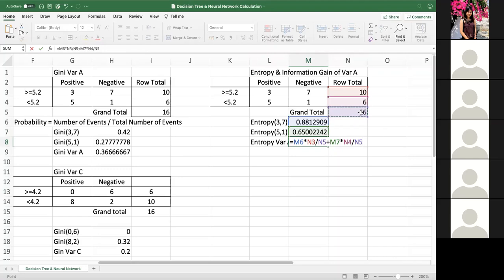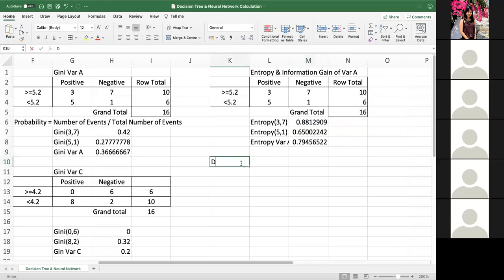So the entropy of variable A is 0.794562.